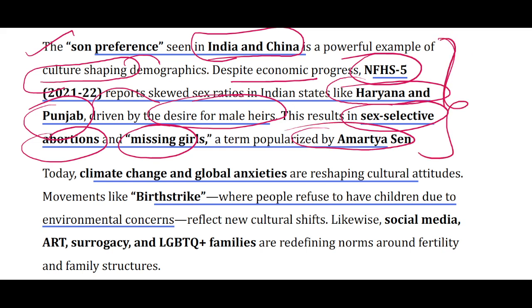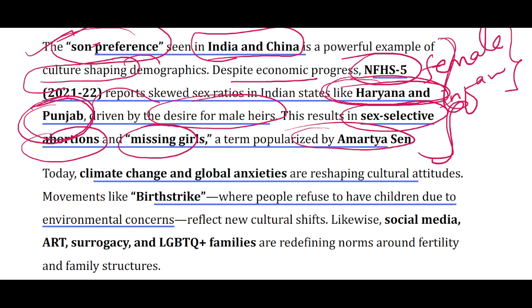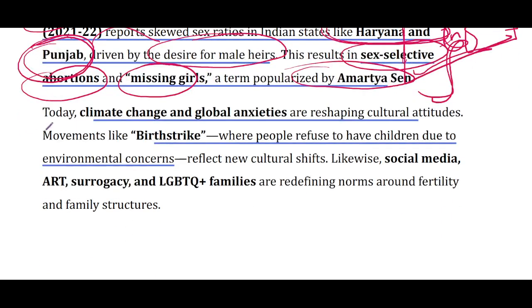This is not a new issue: these two rich states follow this cultural practice of preferring sons, and because of that, they usually prefer female infanticide. This practice has led to a very low gender ratio in these two states.